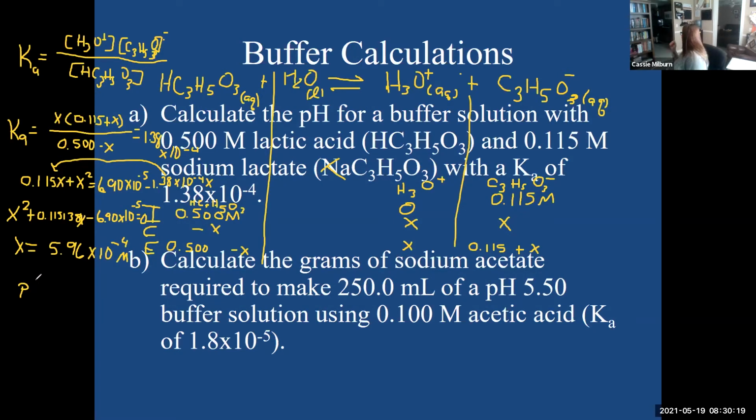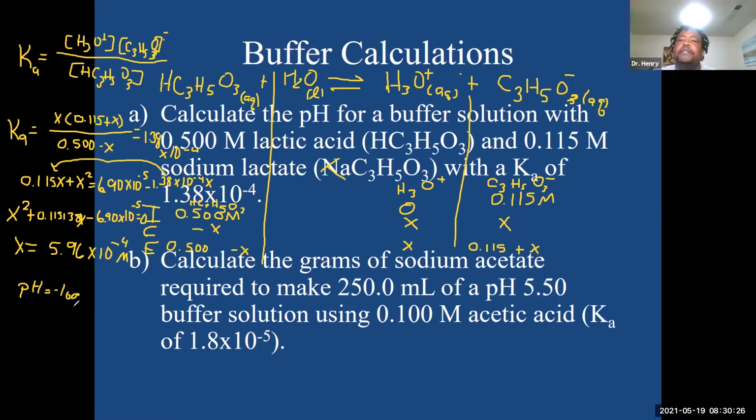So pH equals minus log of the concentration, 5.96 times 10 to the minus 4.